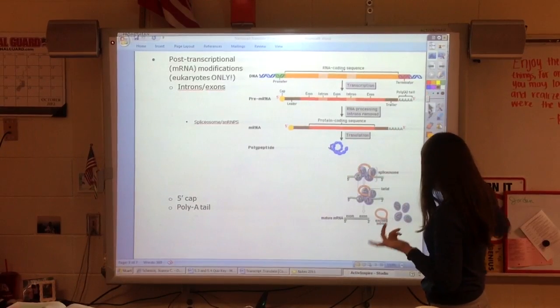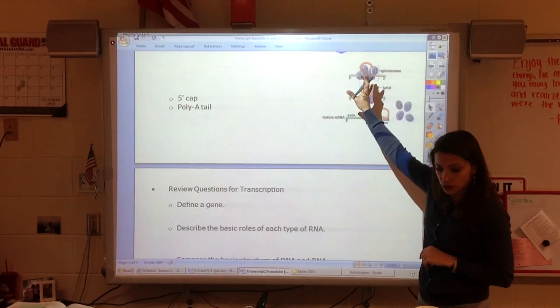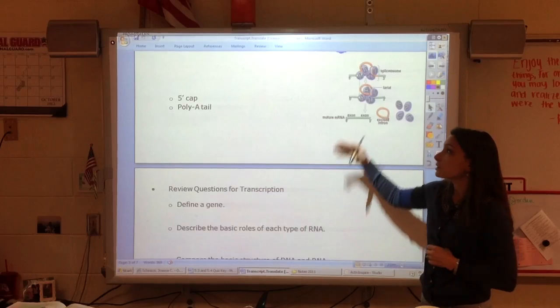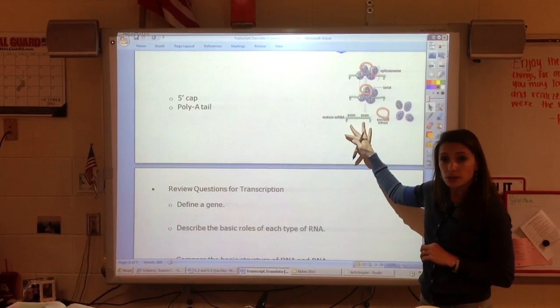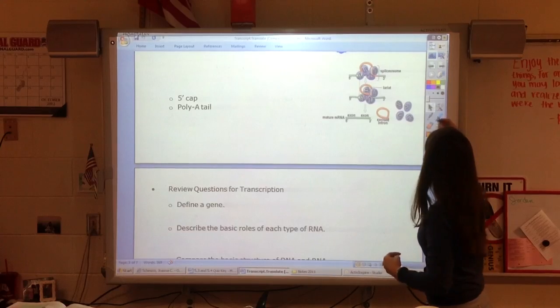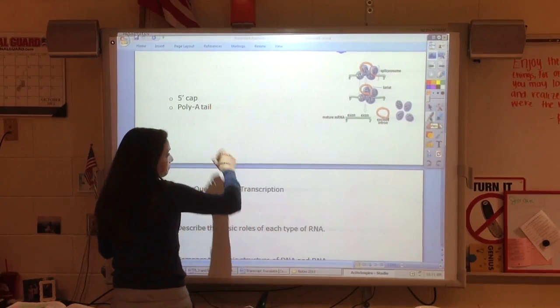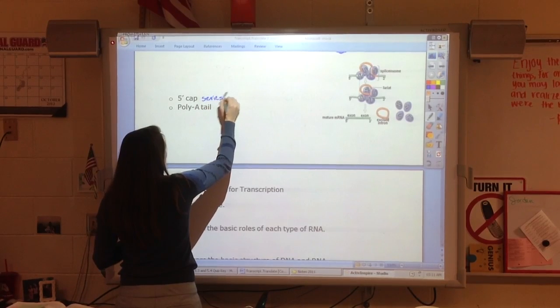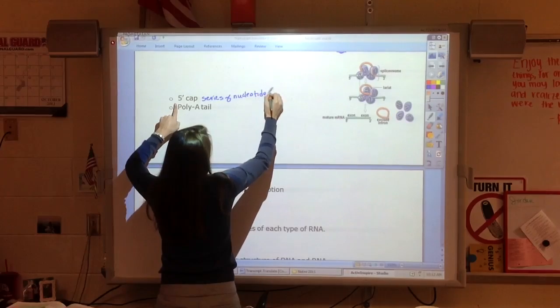This is also only found in eukaryotes. So the process of transcription is the same in prokaryotes and eukaryotes, with the exception that eukaryotes have this step as well, this modification step. The 5' cap is going to be a series of nucleotides added to the 5' end.